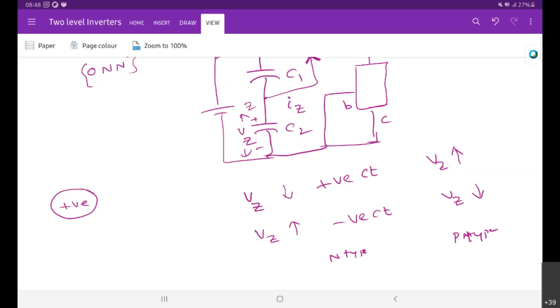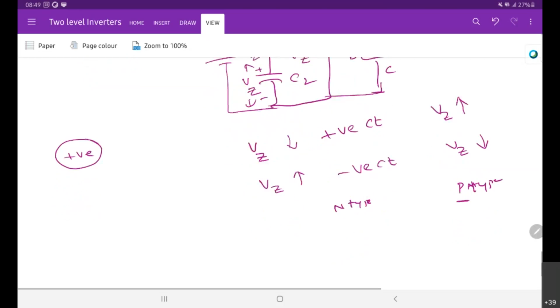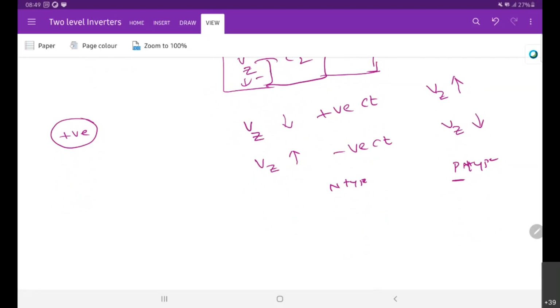So if the P type vector increases the neutral point voltage, the N type vector is trying to reduce it. But the output voltage produced by the P type and N type are the same. We want to keep this Vz almost constant.